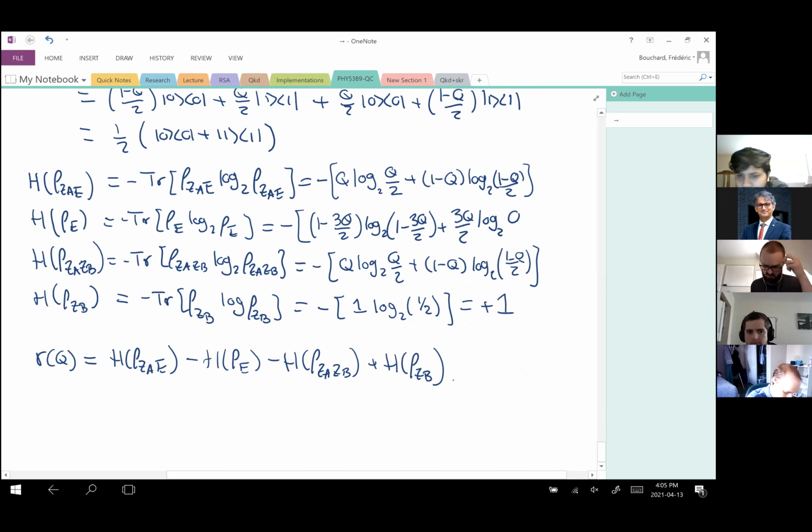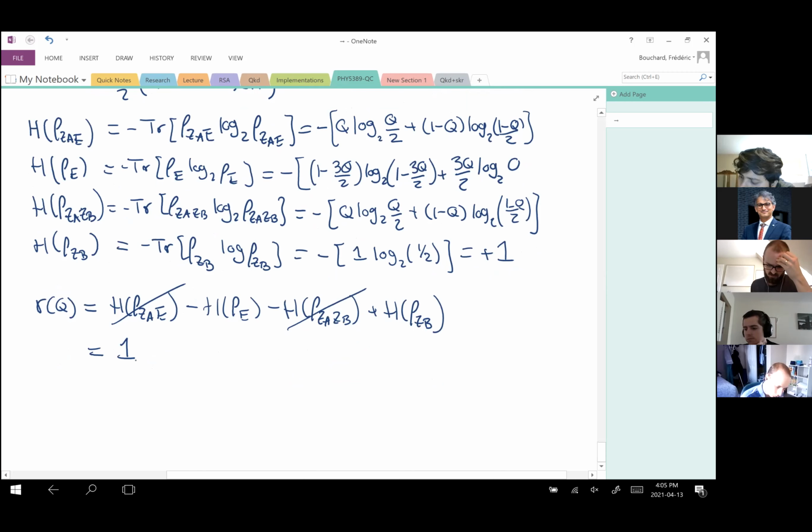So first thing we notice is rho ZAE and rho ZAZB are actually equal, so we can cancel them out. That's nice. Okay, H of rho ZB is 1, so we'll just bring that in front. And then we have minus H of rho E. That's 1 minus 3Q over 2. So we're already getting close to the formula we had in the beginning.